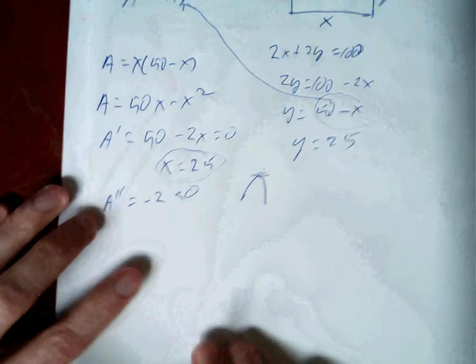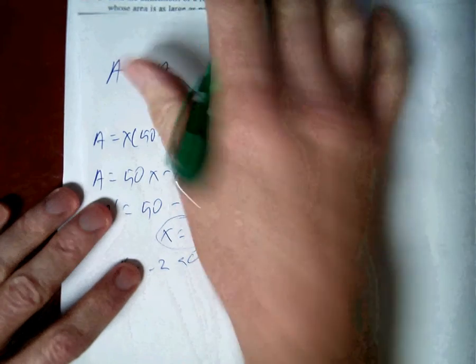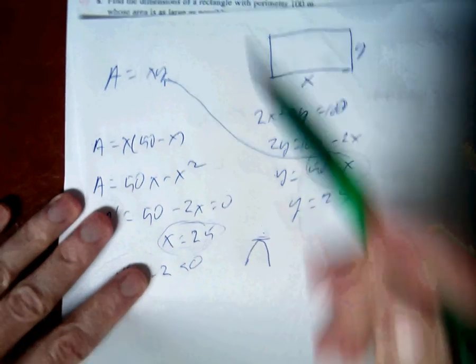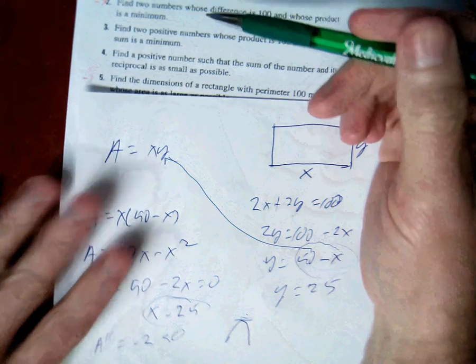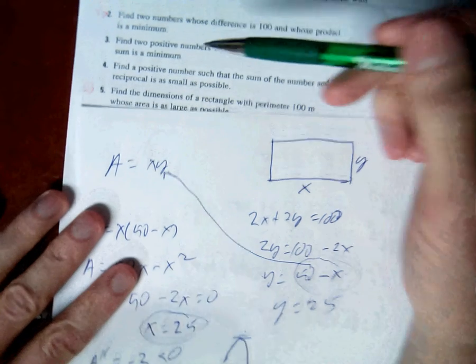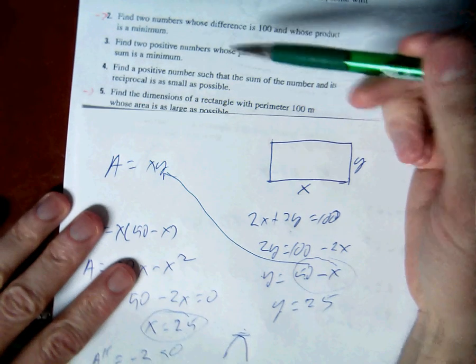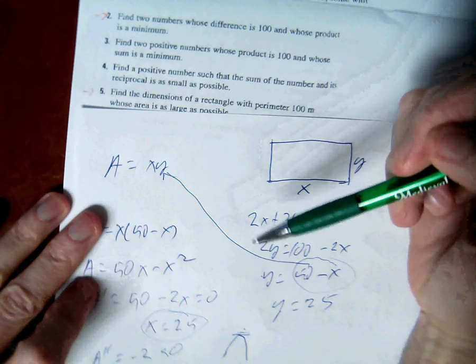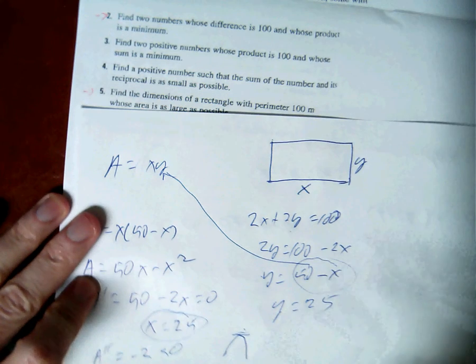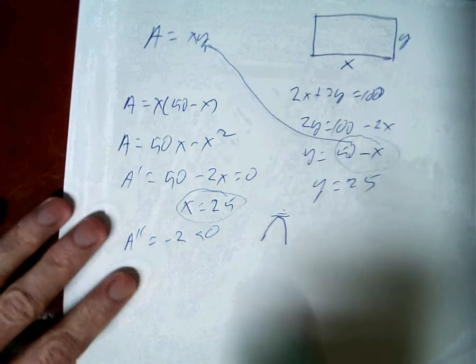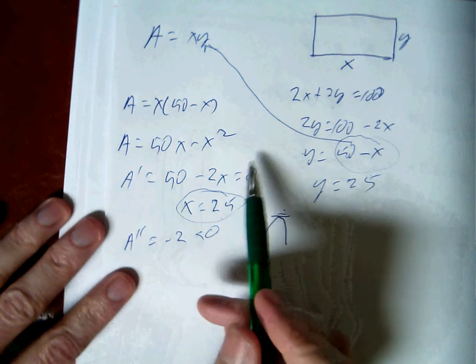So when I wanted to start off with optimization problems, I wanted to start off where the words weren't very wordy. Some of these problems do get kind of wordy. I also wanted to make sure that the algebra on it wasn't terrible, right? Because both of these effectively are parabolas.